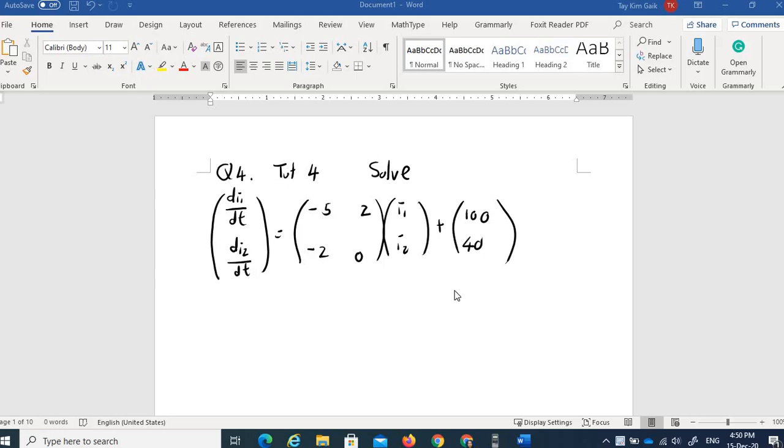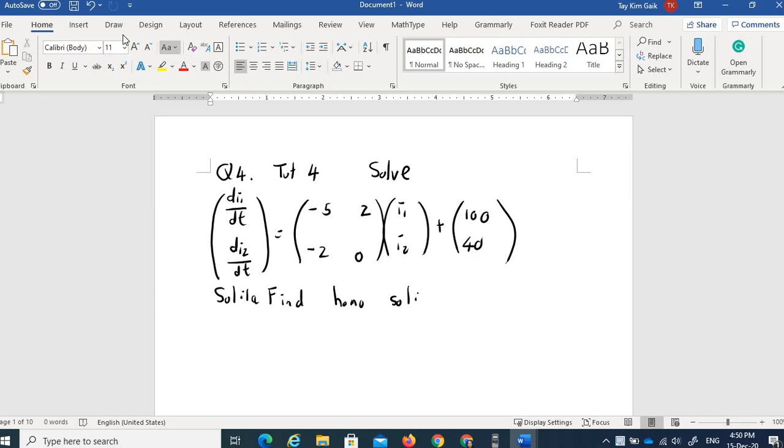Parit Raja already solved the IC solution, where the first step is you find the homogeneous solution. Step 1A, find the homogeneous solution.